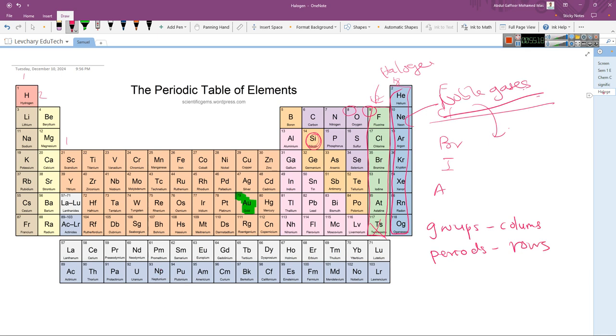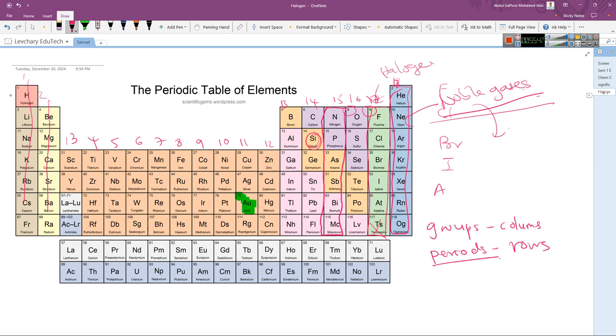Here this is the first group, second group, third group, fourth group, fifth group, 6, 7, 8, 9, 10, 11, 12, 13, 14, 15, 16, 17 and 18, right? So the 15th group should be here. And the rows are called periods.